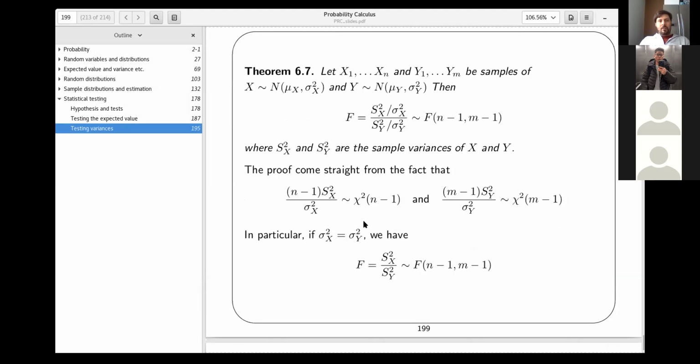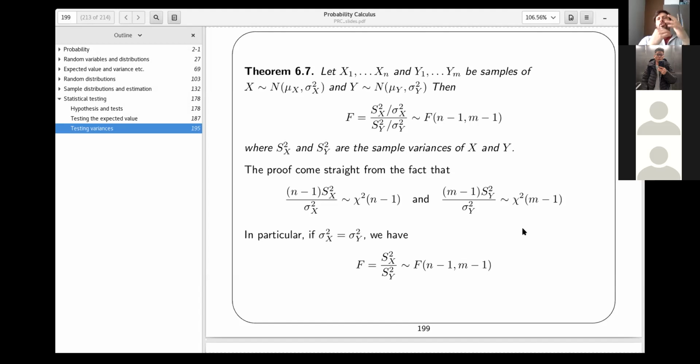In particular, if the variances happen to be the same, then the sample variance of X divided by the sample variance of Y follows the F distribution with n-1, n-1.